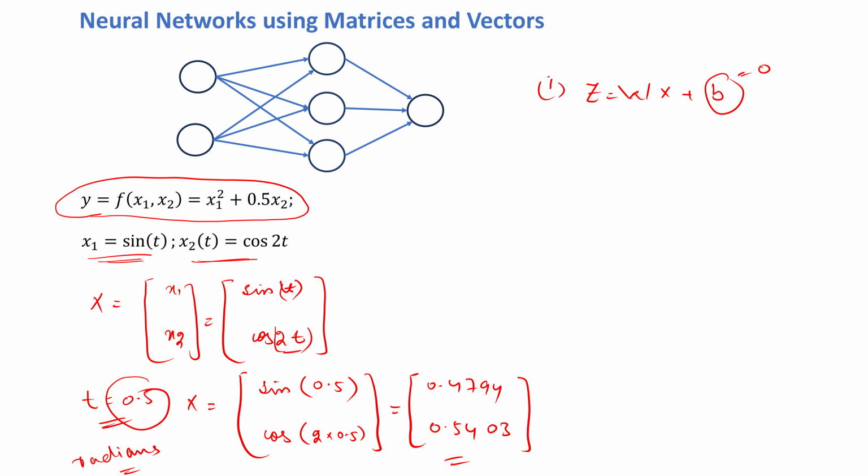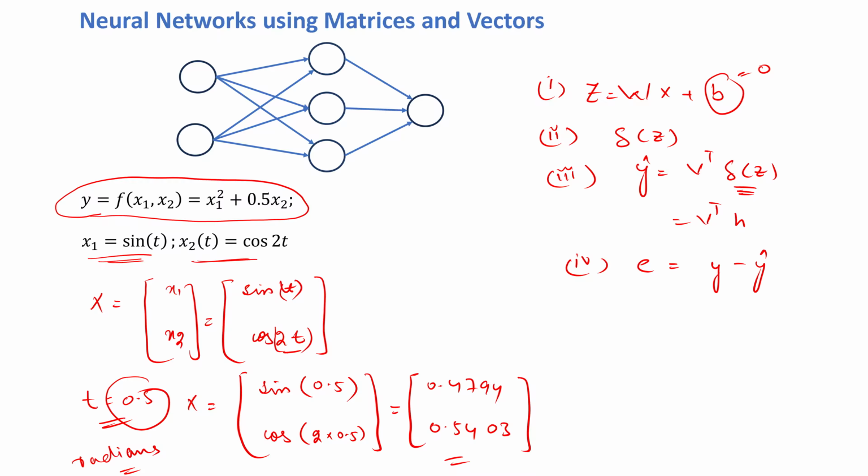So the first step is always to do linear combination, then activation. Then derive y hat equal to v transpose into activation. In some cases I wrote this as h, so both are the same, because h or this sigma are actually activations. After that we derive the error, which is y minus y hat.